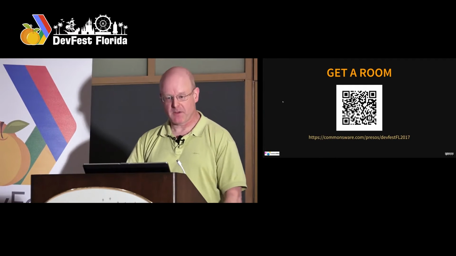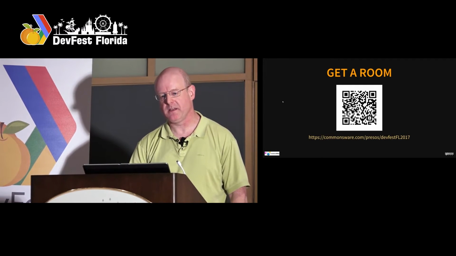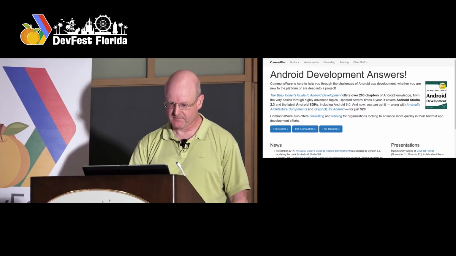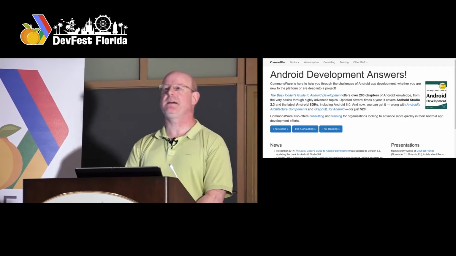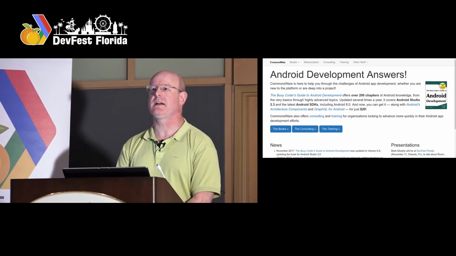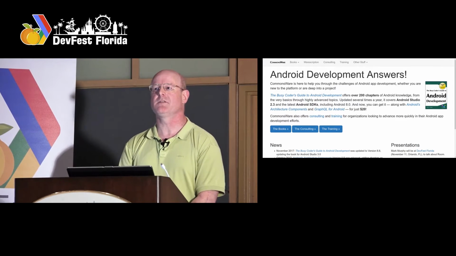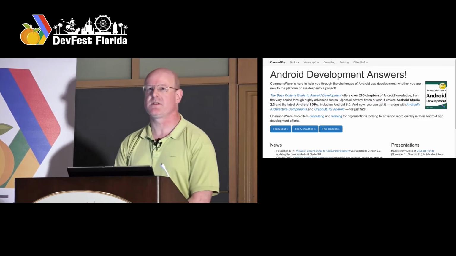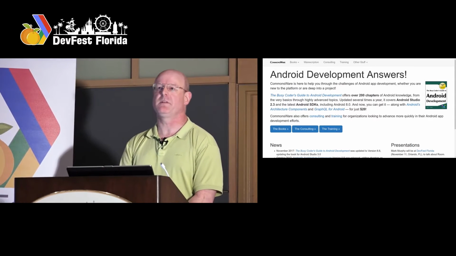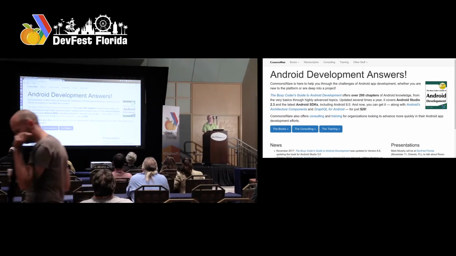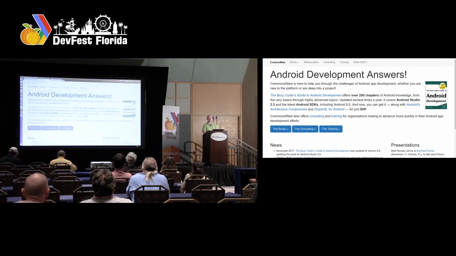By way of introduction, my name is Mark Murphy. Some of you may know me from about 5,000 pages worth of material that I have written over the better part of the past decade, in a series of books centered around the Busy Coder's Guide to Android Development, version 8.8, which came out about a week ago.